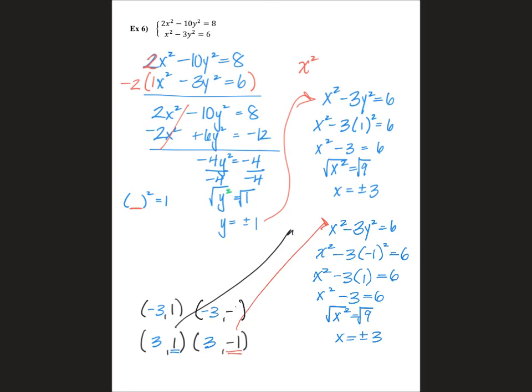Now, that means that these two equations have graphs that are going to intersect at 4 points: (3, 1), (-3, 1), (3, -1), and (-3, -1). I'm going to go to Desmos.com myself, check out these two graphs, and see if they actually intersect at the ordered pairs that I found.